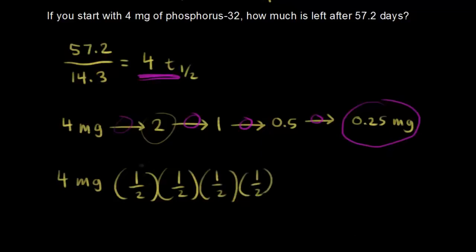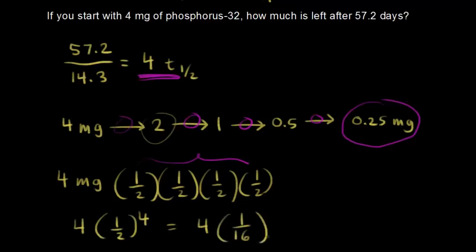So this represents our 4 half-lives, and that's the same thing as 4 times (1/2) to the 4th power, which mathematically is 4 times 1/16, so that's 4/16, which is the same thing as 1/4, and so that's 0.25 milligrams. And so it doesn't really matter how you do the math. There are lots of ways to do it. You should get the same answer.